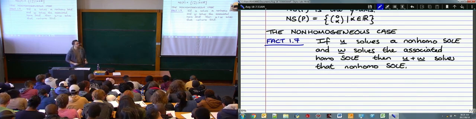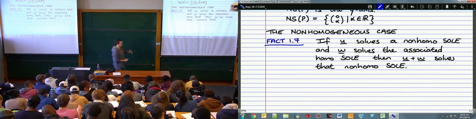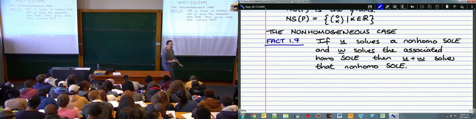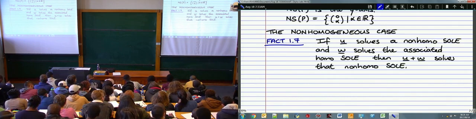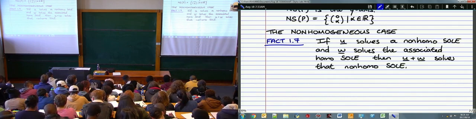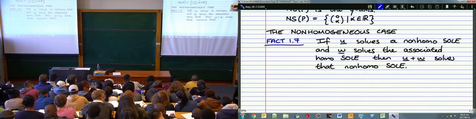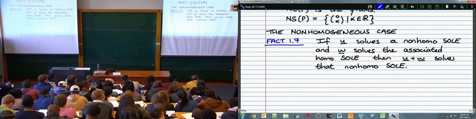Okay. So we've got a vector U which solves a non-homogeneous system of linear equations. We've got another vector W. W solves the associated homogeneous system of linear equations. So what I mean by that is that if our original vector U solves AX is equal to B, then this vector W solves AX is equal to 0.